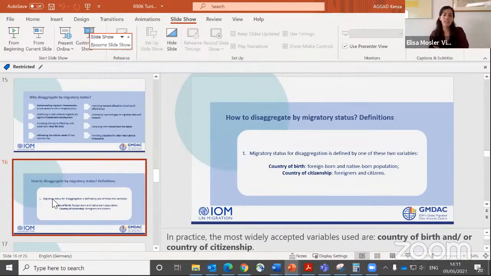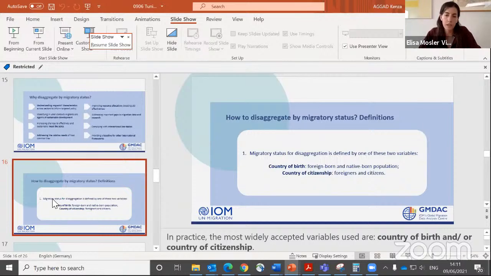So then, very briefly and concretely, what we mean by disaggregation, as you'll see in the next few slides, and also potentially if you look at the capacity building tool that I mentioned: a lot of different countries, even ministries within the same countries, sometimes use different definitions or different methods to disaggregate data.